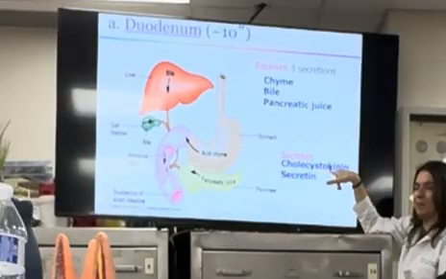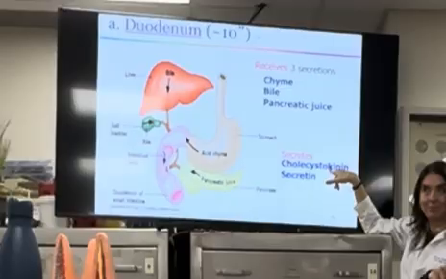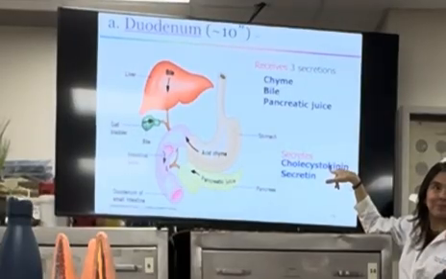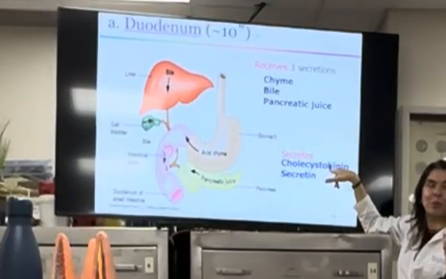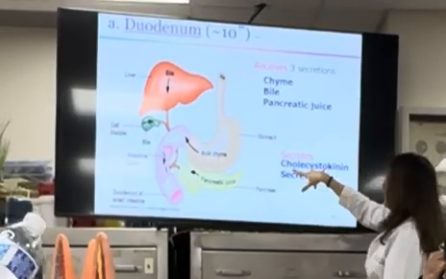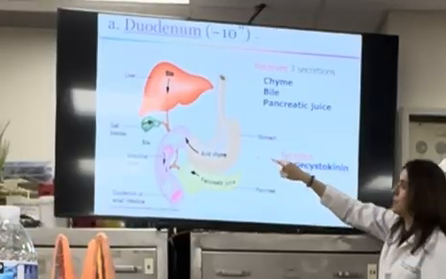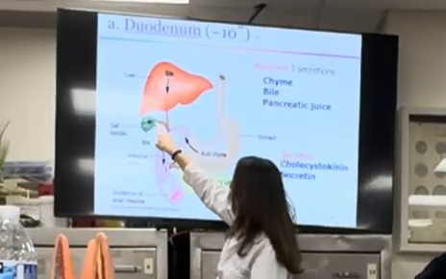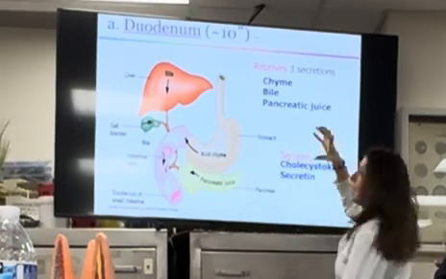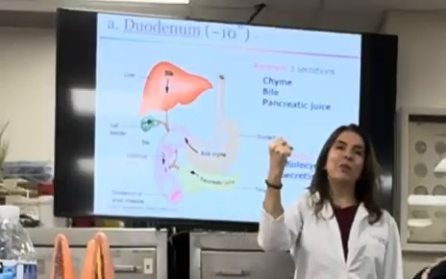What is kinesis? It makes the gallbladder contract. Chole means gallbladder, cysto means cystic duct, which is the little duct connected to the gallbladder, and kinesis means movement. So it causes the gallbladder to contract.